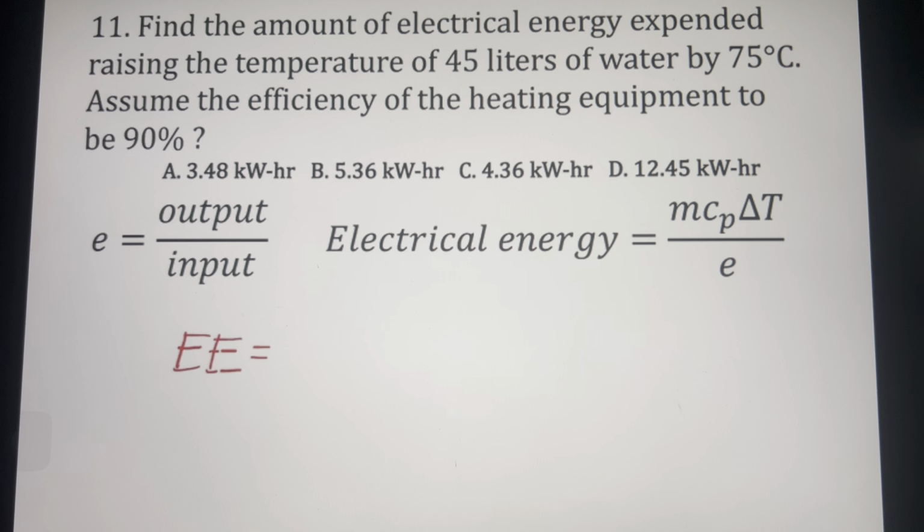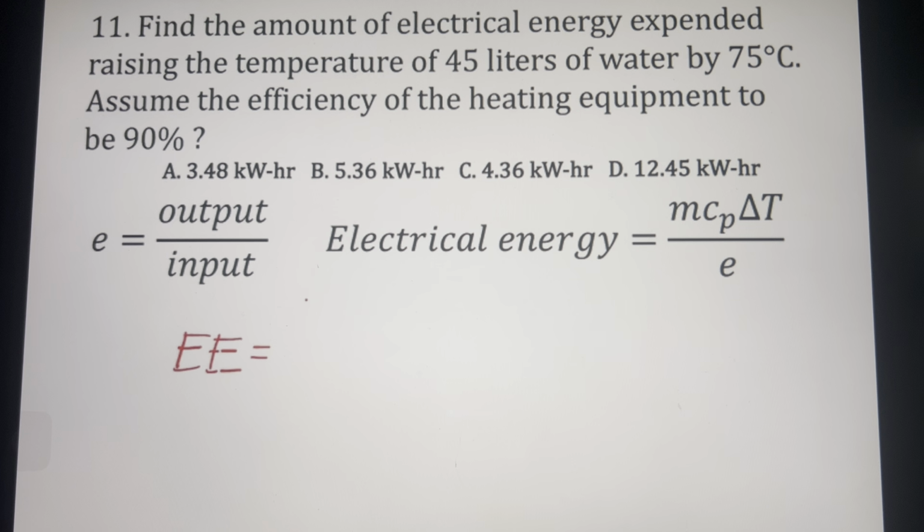Okay, so for our electrical energy, it's equivalent to m, that's the mass of our water, Cp is the specific heat, and delta T is our temperature rise. So do we have a mass? So reading again the problem, as you can see, no mass is given. What we do have here is the volume of water, but we can still find the mass by using the density of water.